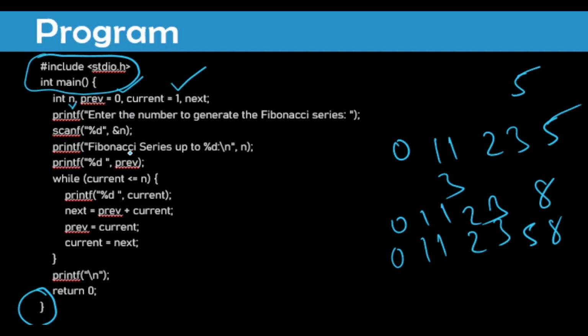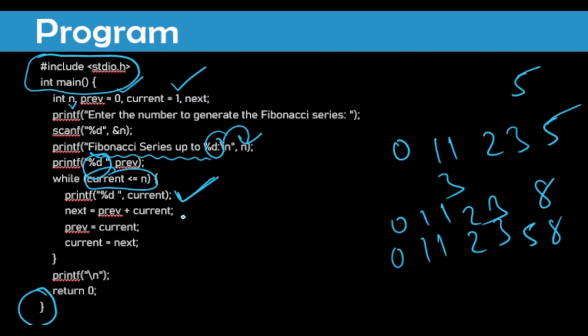Okay. Now, I am asking the user to enter the number to generate the Fibonacci series, and telling the user that the Fibonacci series up to the given n value is shown. First we print the previous value blindly, so the output will print 0, and while current is less than or equal to n, meaning up to the given value, the loop will run. First of all, it prints the current value 1.